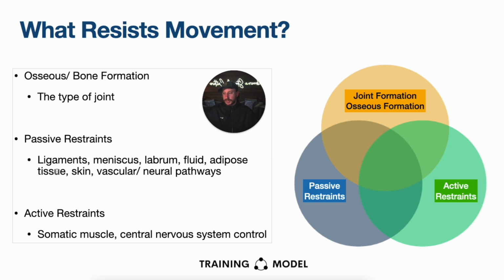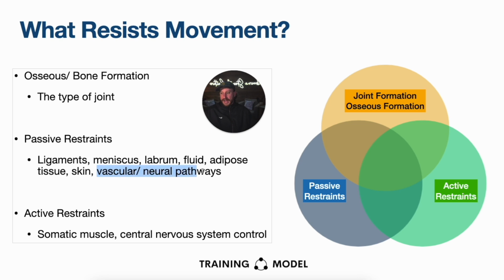Adipose tissue: if you've got a large amount of fat in one area, maybe the front of your hip, like your belly and your legs, that adipose tissue is going to start to resist movement into hip flexion. That can reduce overall range of motion at the hip. Your skin resists movement. If we were to cut all of your skin off, your joints would be more free. They would access greater ranges of mobility.